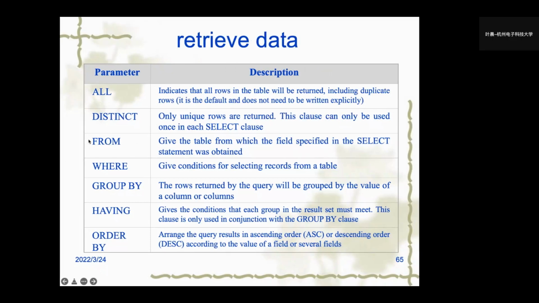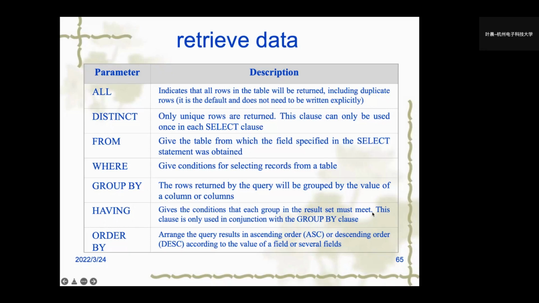And here the from means we give the table from which the fields specified in the select statement are obtained. And where means you need to give conditions for selecting records from a table. And group by means the rows returned by the query will be grouped by the value of a column or columns. And having is always together with the group by, and it gives the conditions that each group in the result set must meet.